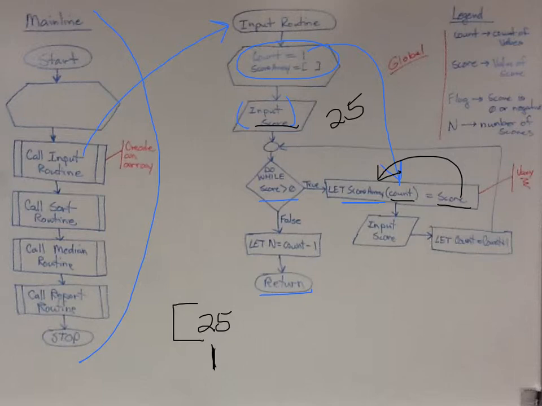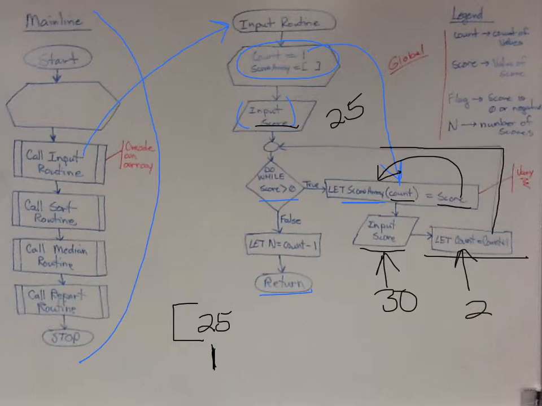And this will vary a little bit depending on the programming language. We input another score. Let's say the next score is 30. Count goes up by 1, so now count becomes 2. We go back up. Score greater than 0, that's true.